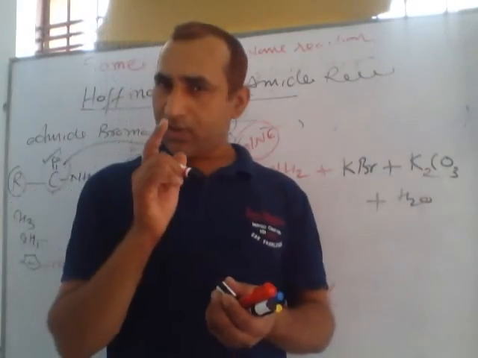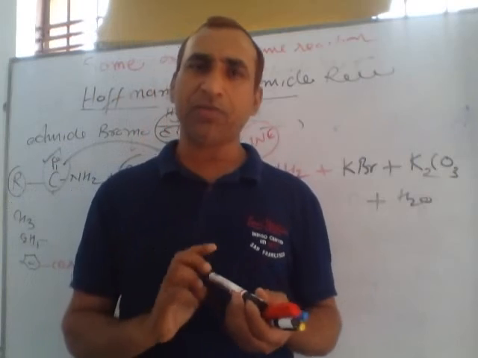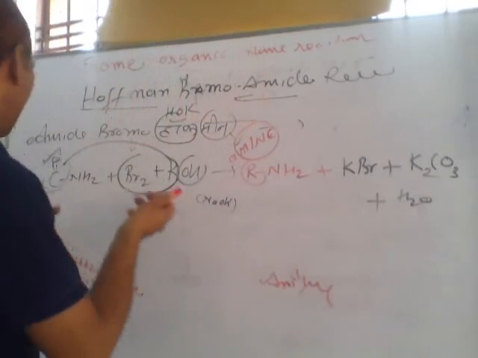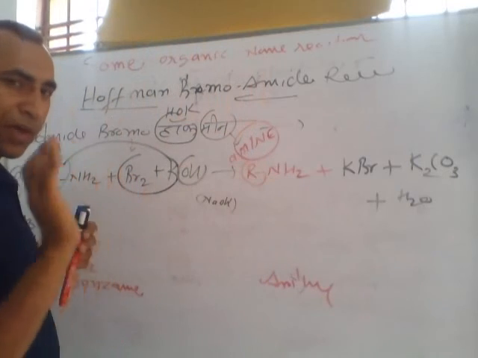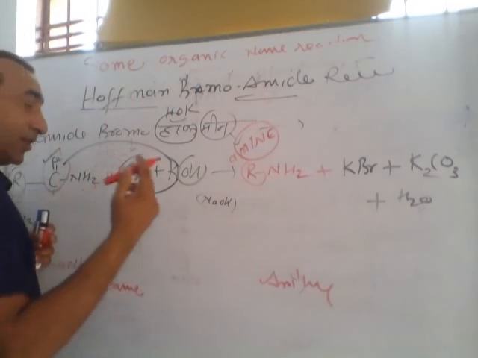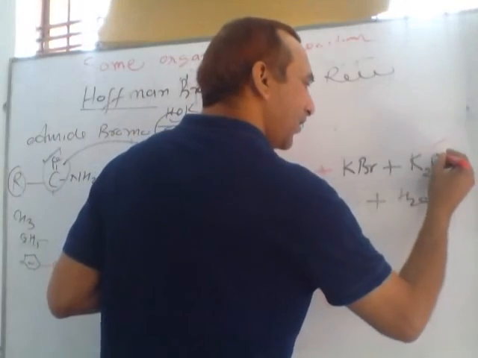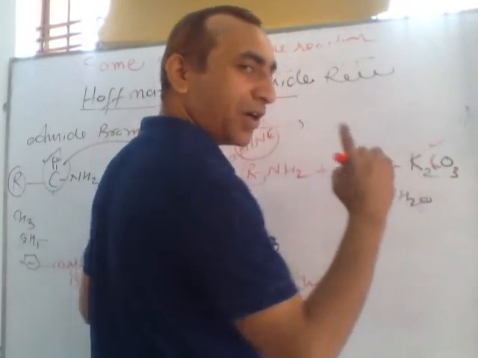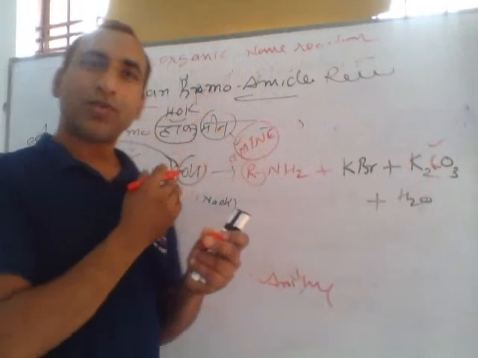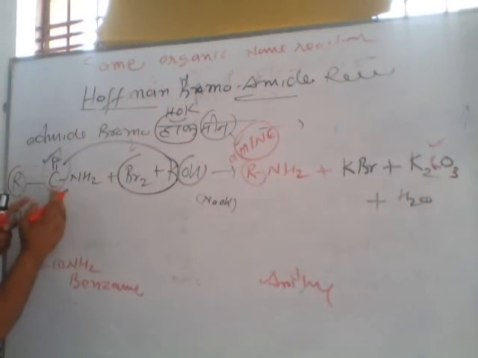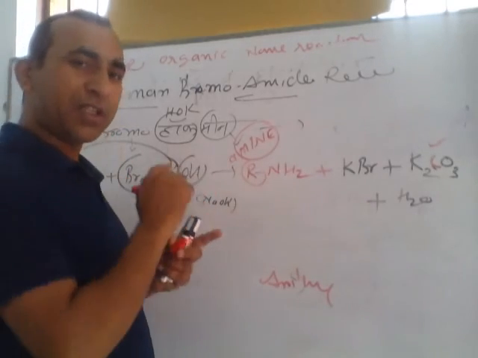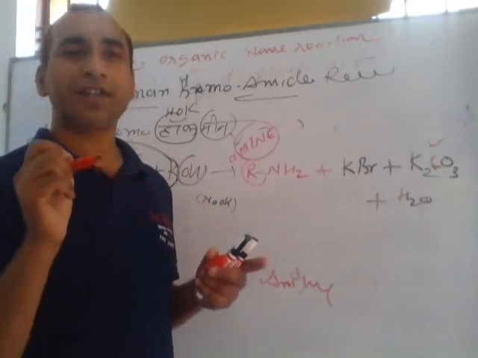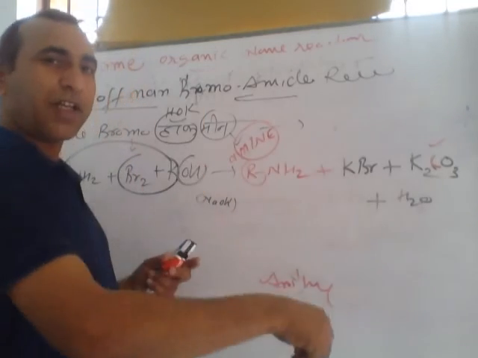Have you noticed one important thing? Can you compare the number of carbon atoms in the reactant and in the product? Here, in the form of potassium carbonate, one carbon is removed. So if we compare the total number of carbon atoms in reactant and product, there is a deficiency of one carbon. It means this is a carbon degradation reaction, descending the series.